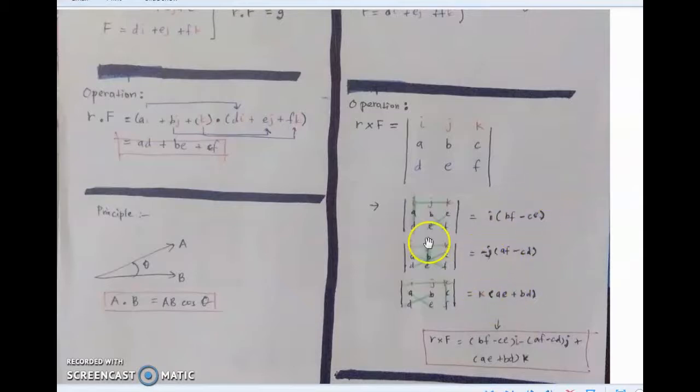Okay, so for j, eliminate the line related to the j component, and then with what is left, you do the cross multiplication. A multiply with F, C multiply with D. So AF minus CD. Okay, same goes for the k component. Eliminate the line related to k, and then do the cross multiplication. A multiply with E, AE, minus B multiply with D.